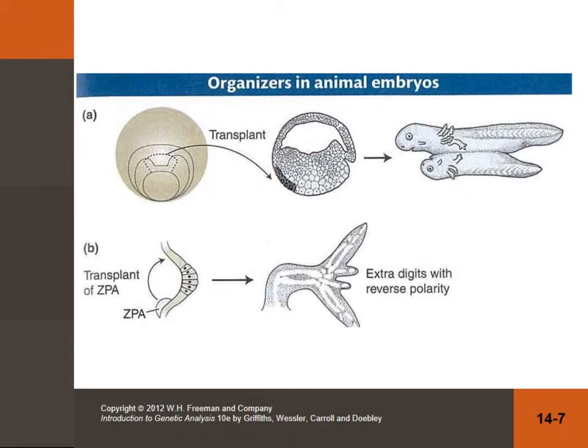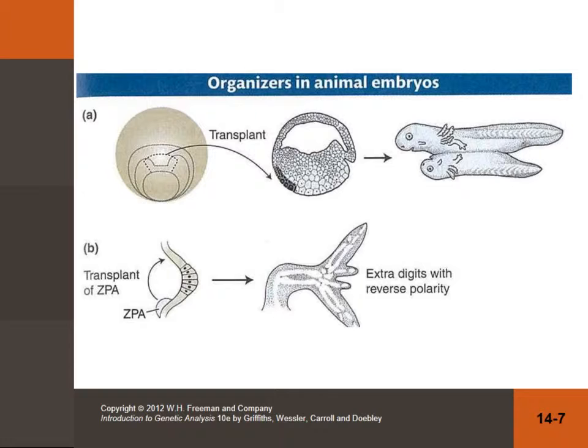So here we have some examples of organisers that were discovered in animal embryos. If we look at A, the image on the left-hand side, you can see labelled by that arrow a region of a developing amphibian embryo.